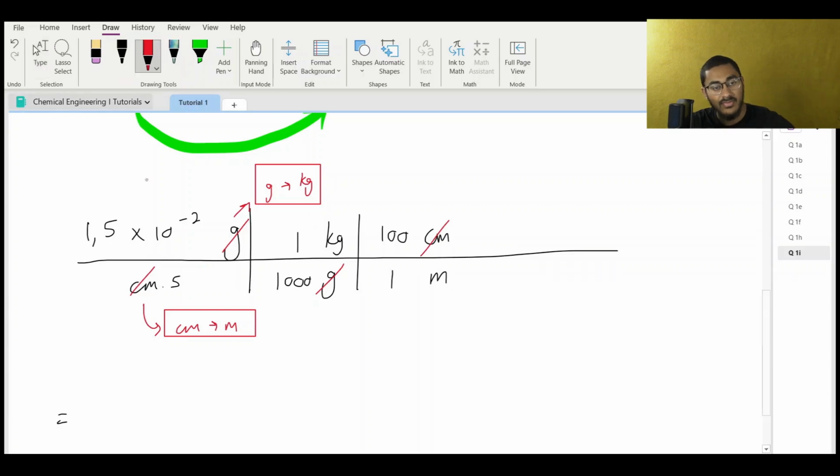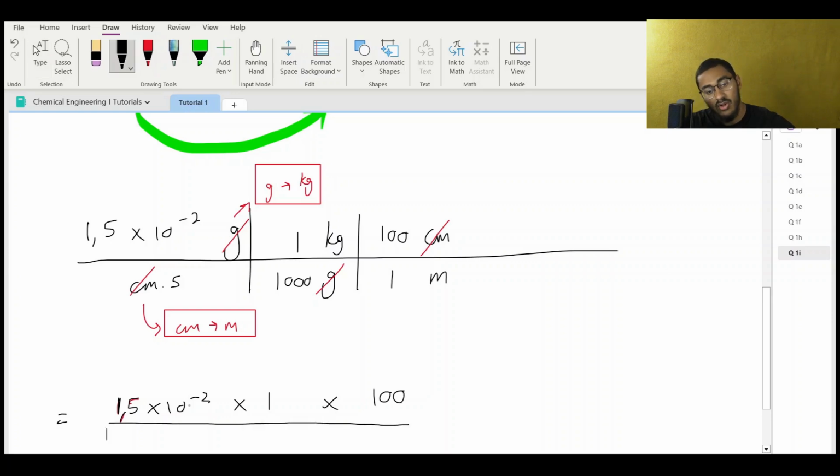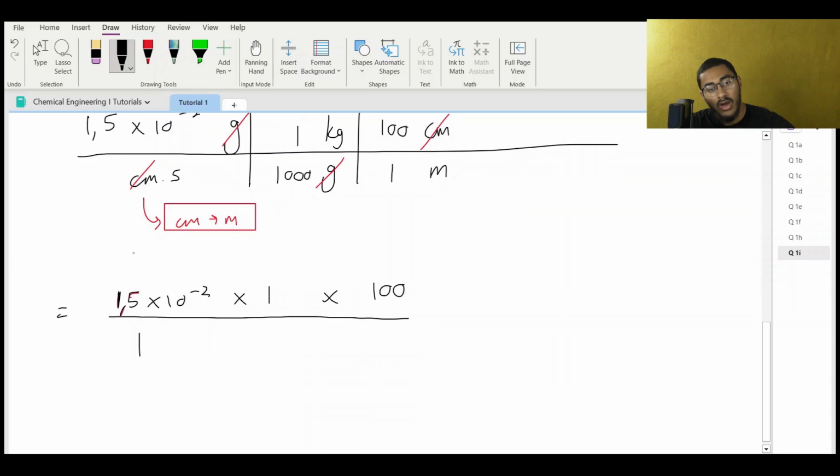All right. So this becomes 1.5 times 10 to the minus 2 multiplied by 1 multiplied by 100. And that is all over a 1. Remember, this is 1 centimeter second. That's 1 times 1,000 times 1. Remember that this step here is not necessary. I'm just doing it for pedagogical reasons.